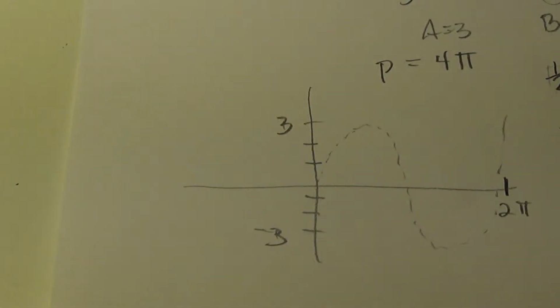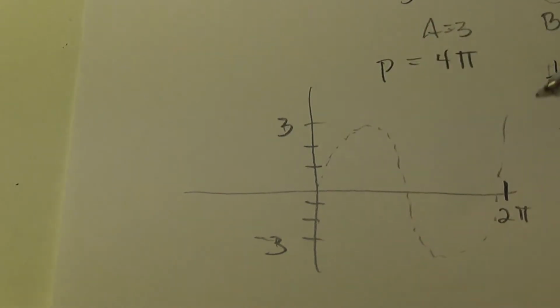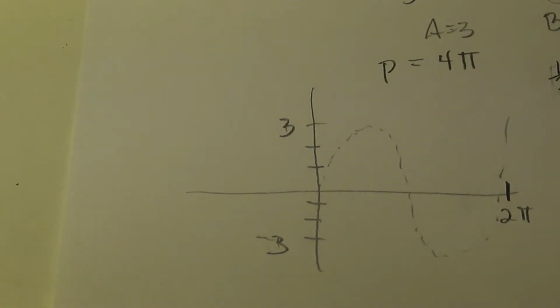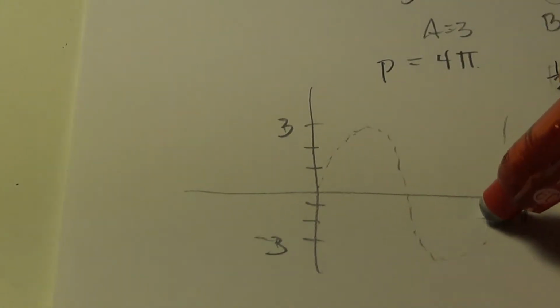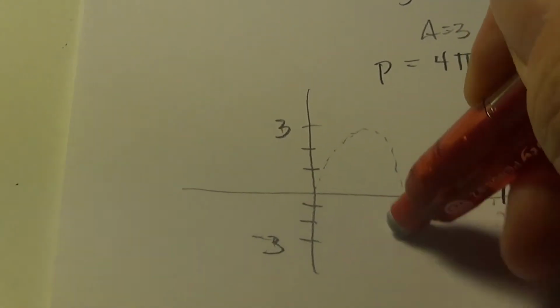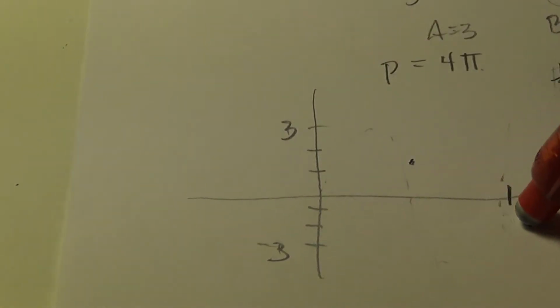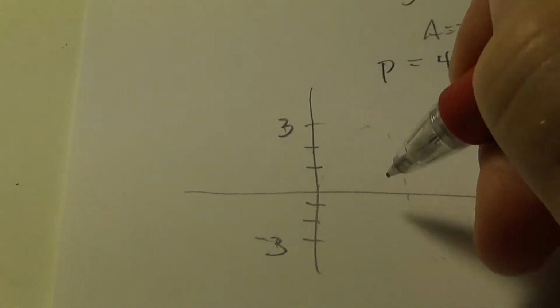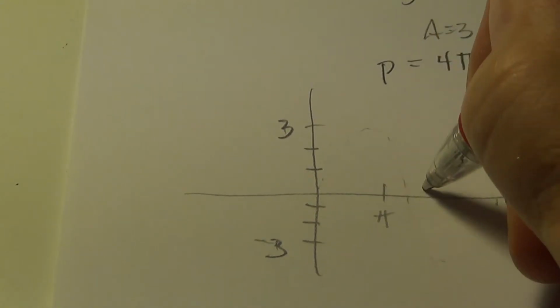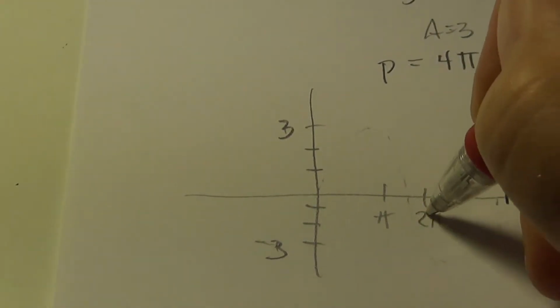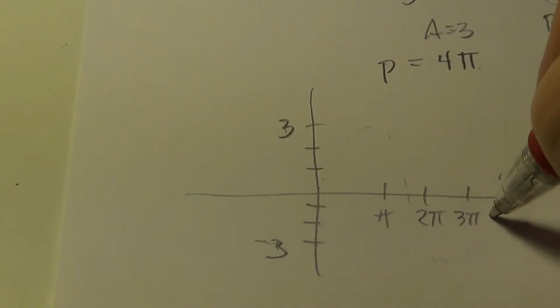And then the period. This whole peak and valley operation is going to have to take place in 4 pi radians. So I'm going to change my horizontal axis to reflect that. When it's 4 pi, I'll go 1 pi, 2 pi, 3 pi, 4 pi.